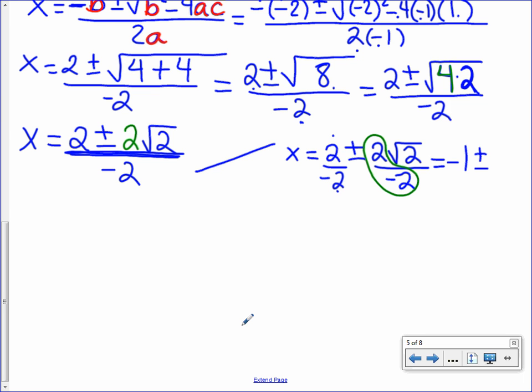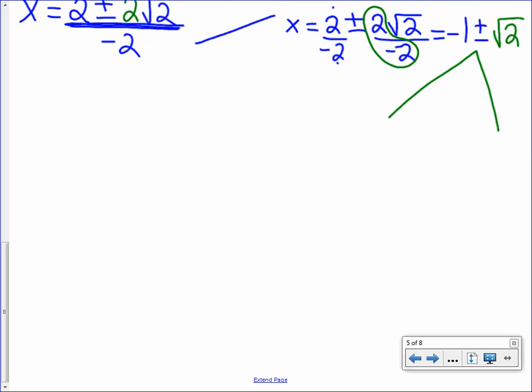So that will be 2 divided by -2 will be -1, right? We still need to consider the plus minus. So that will be 1 times the square root of 2. Now from here, let's get the 2 solutions. One of them will be -1 plus the square root of 2, and the other one will be -1 minus the square root of 2.